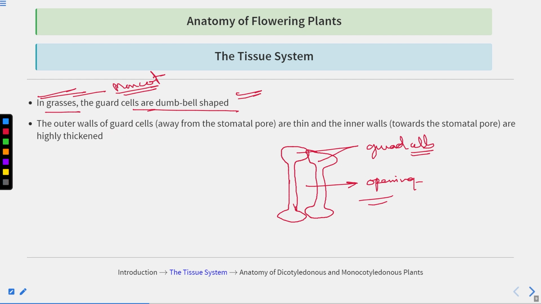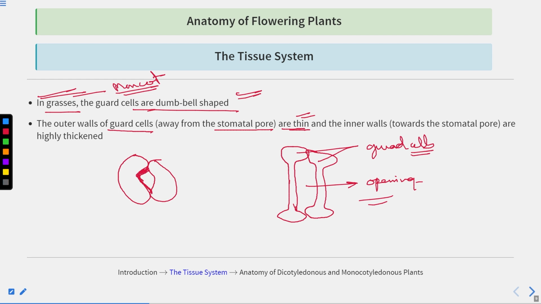Now the outer wall of the guard cells, away from the stomatal pore, is very, very thin. So this is the guard cell in the case of dicots. The outer wall is thin, and what about the inner one? This is quite thick.